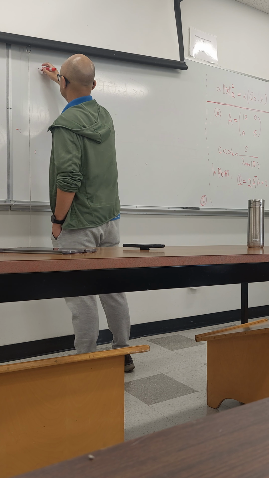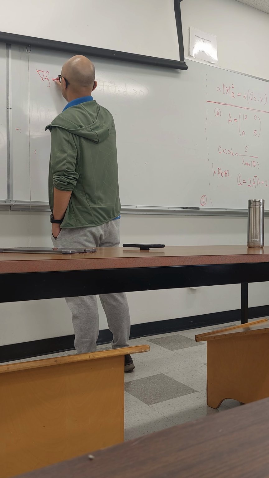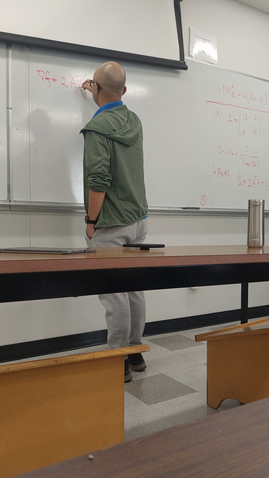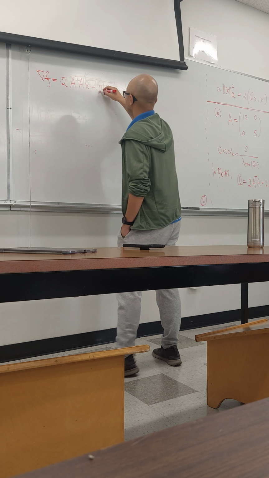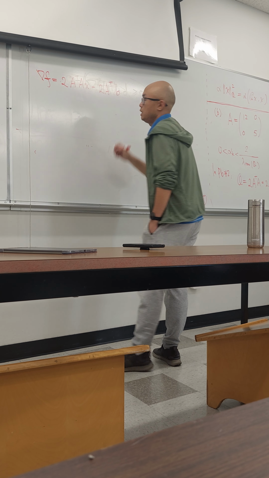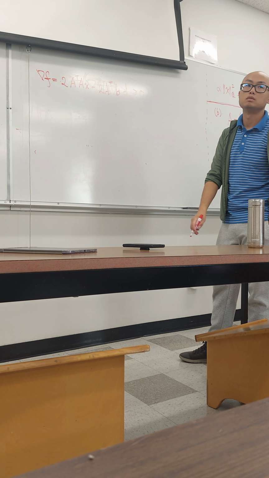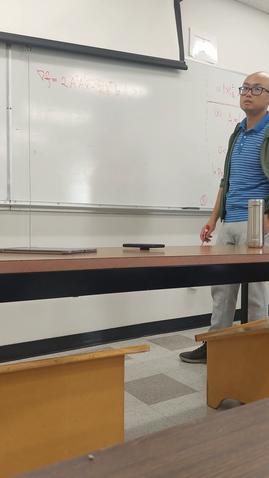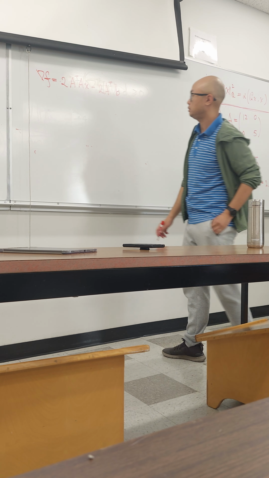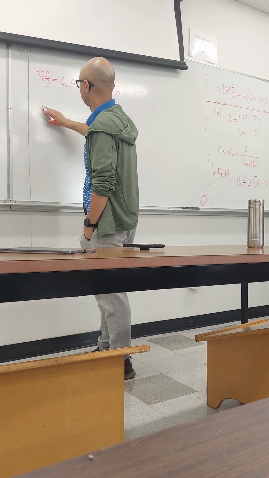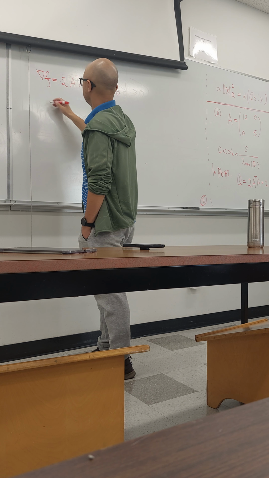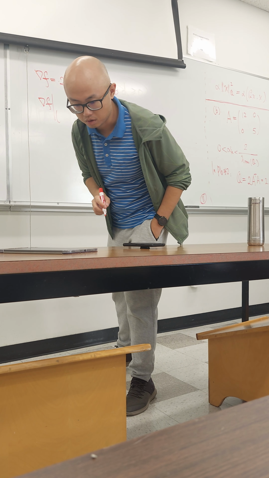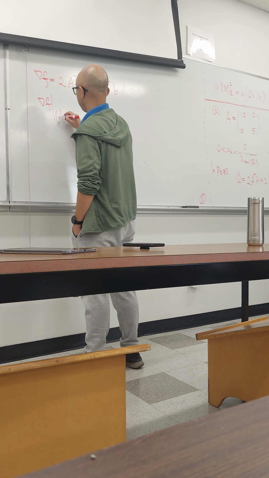The gradient of f is 2 times A transpose A x subtract 2 times A transpose B. So this is our gradient of f. Our gradient of f evaluated at x0 is 1, 0.